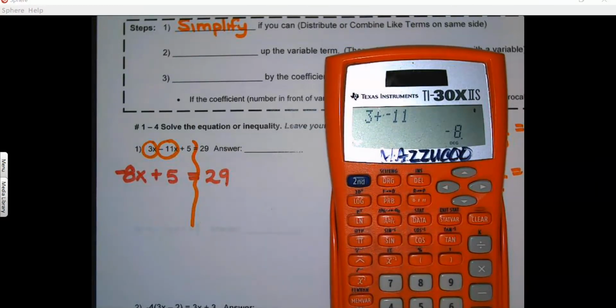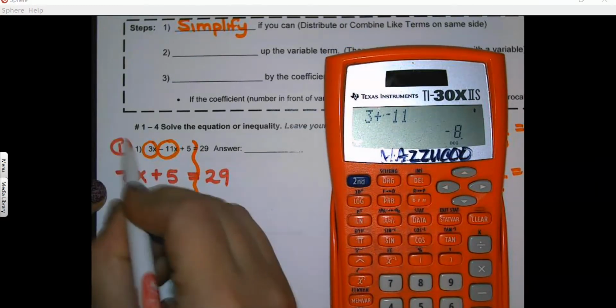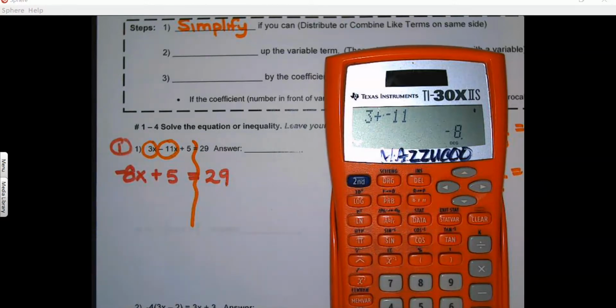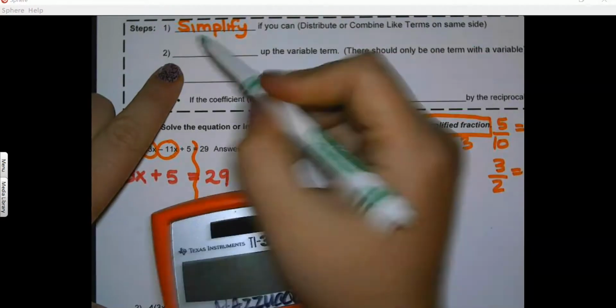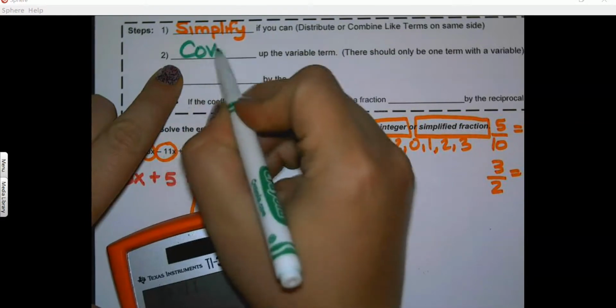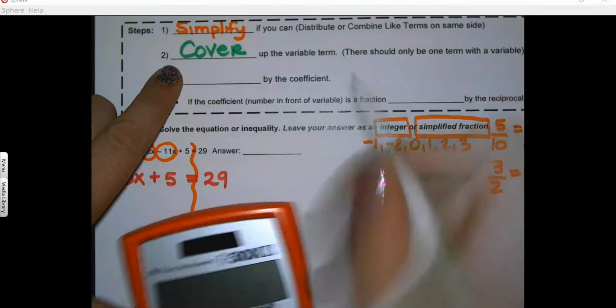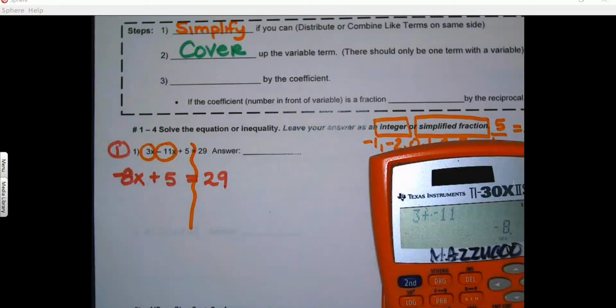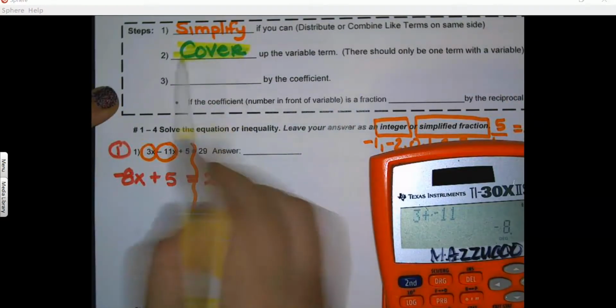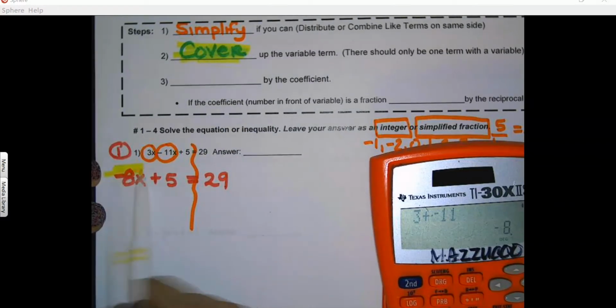Okay, so step 1 we just did. Now step 2 is you're going to, I call it, cover up the variable term. So what that means is I get a highlighter and I highlight where the variable is.